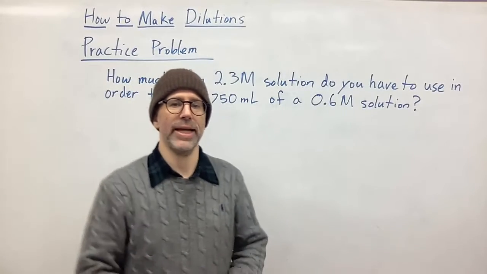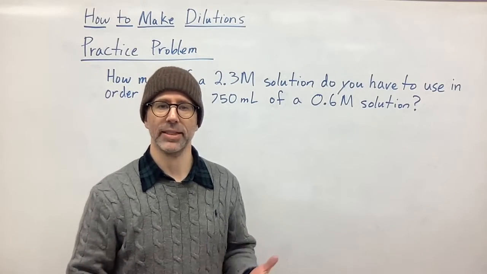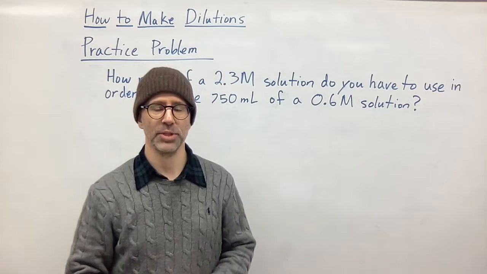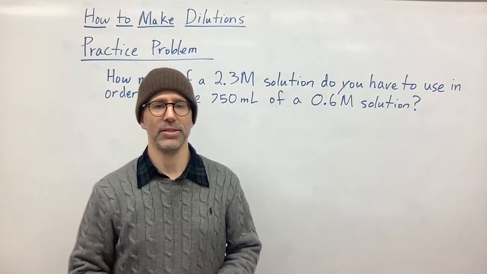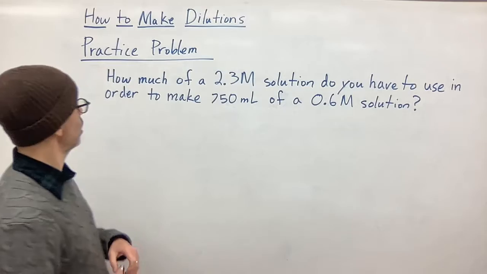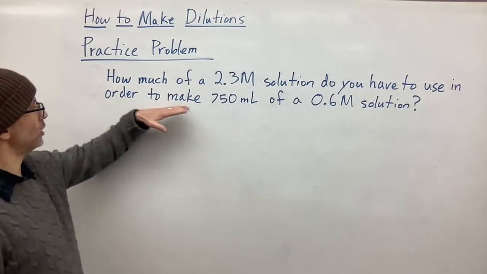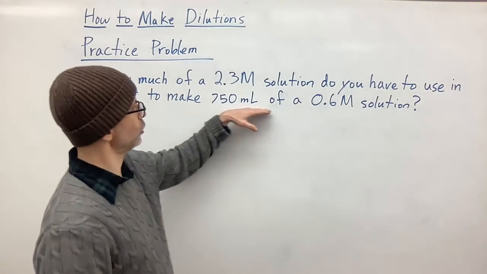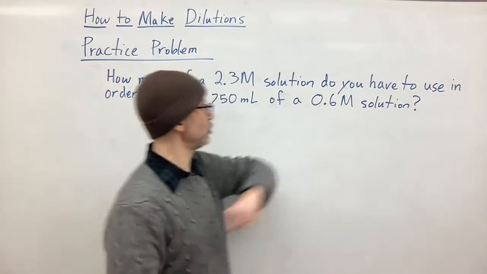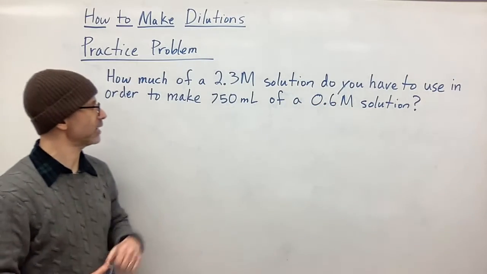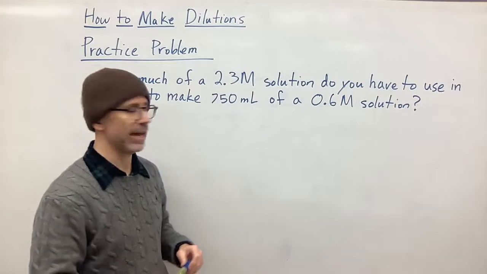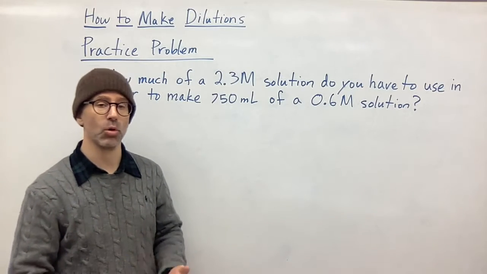Okay, so here is a practice problem that is typical of dilution problems that you may be asked. All right, so let's get into this. How much of a 2.3 molar solution do you have to use in order to make 750 milliliters of a 0.6 molar solution?